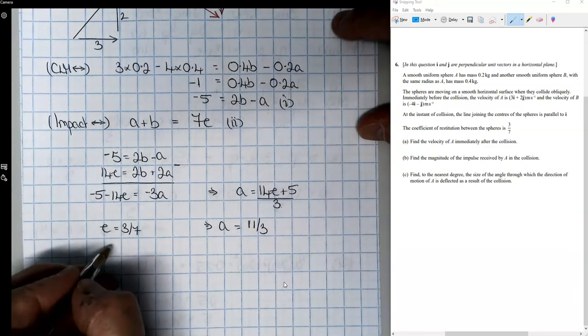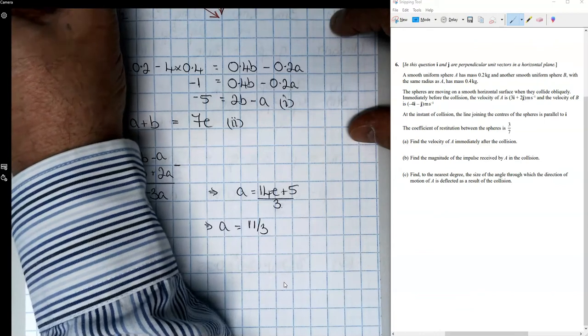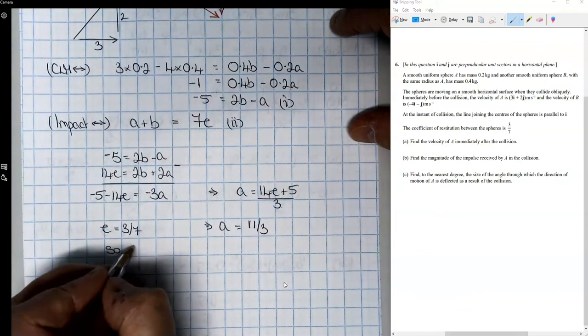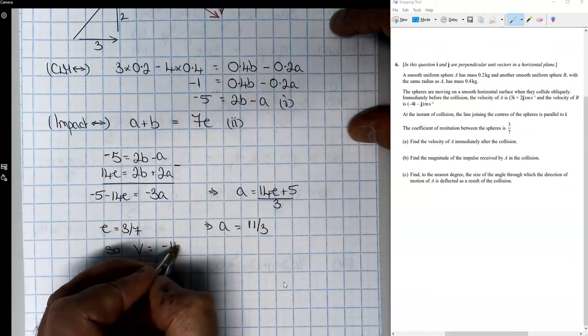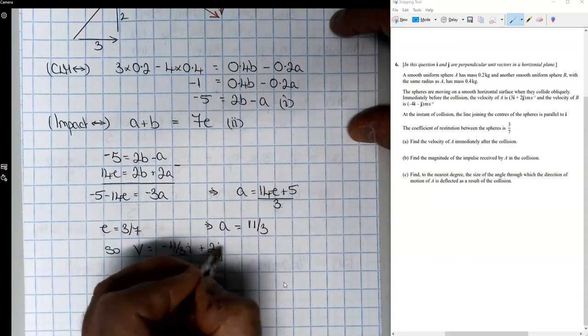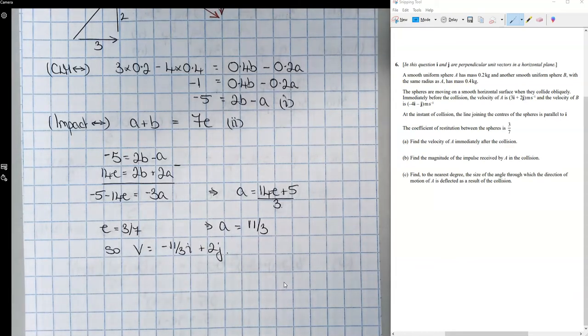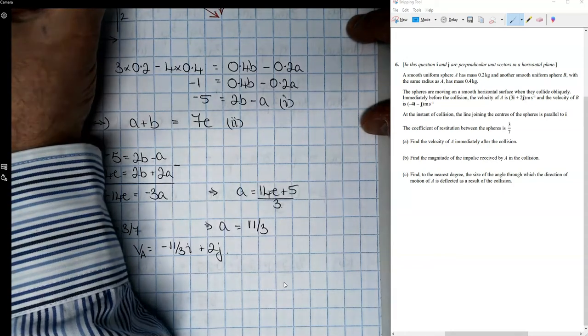Call this one V. So V equals minus 11 over 3 i plus 2j. Okay, that's the velocity of A. So that would be better notation.